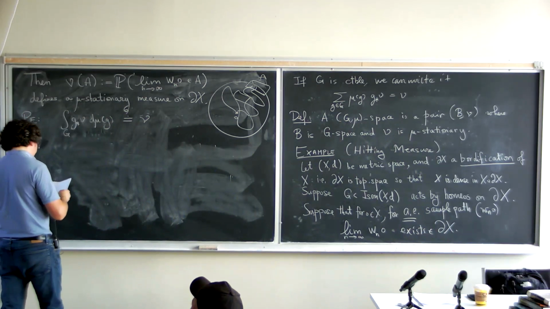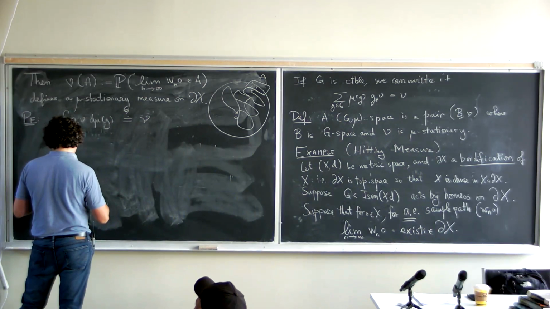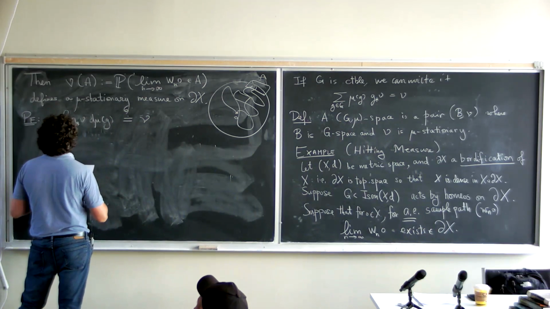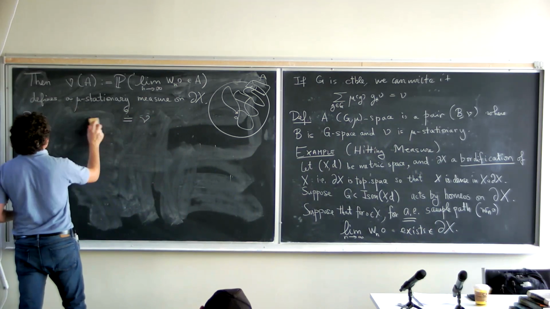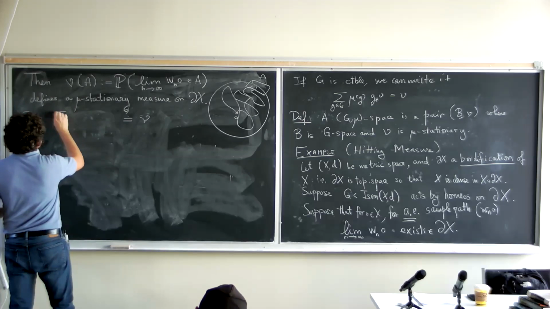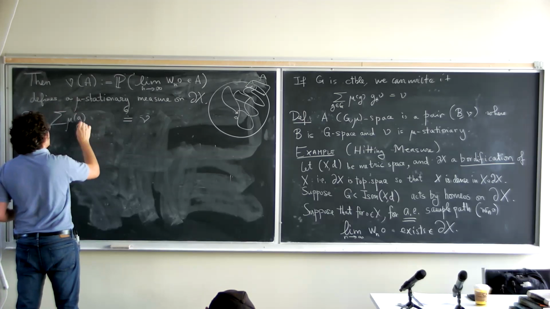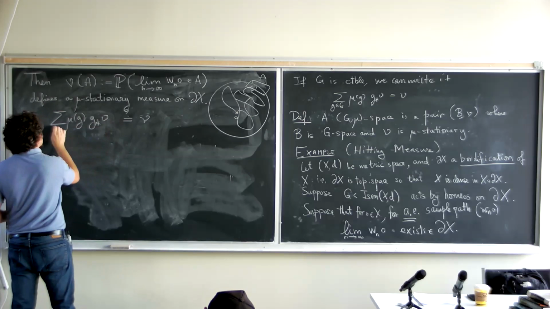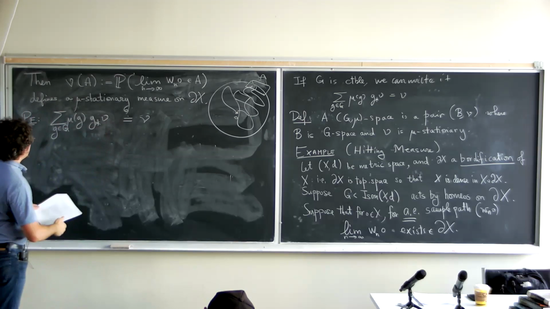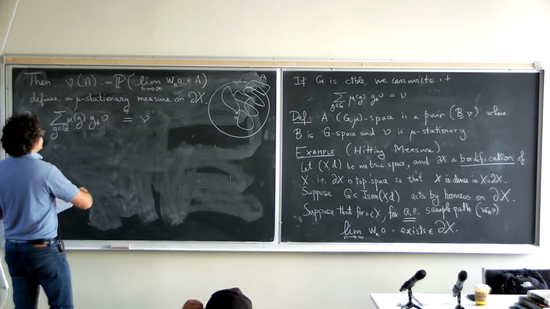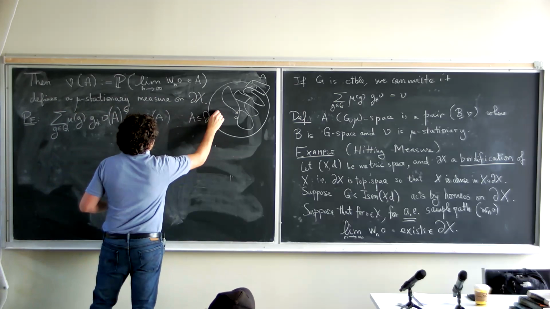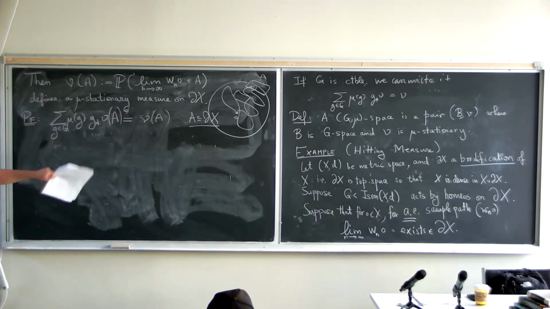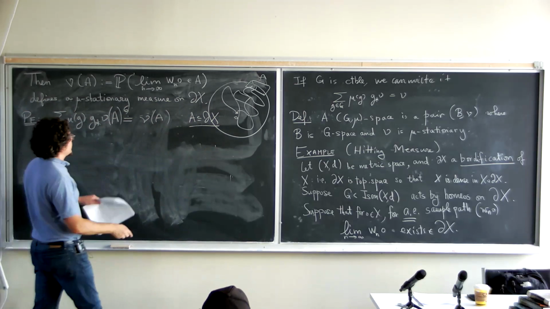In fact, let's even assume that the group is countable to make it a bit simpler, so we can just take the sum of mu of g times g star nu. And now we have to test it on a set A, a subset of the boundary.